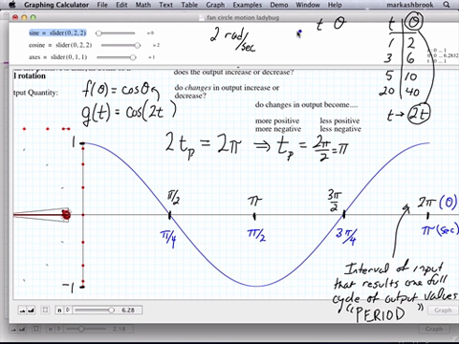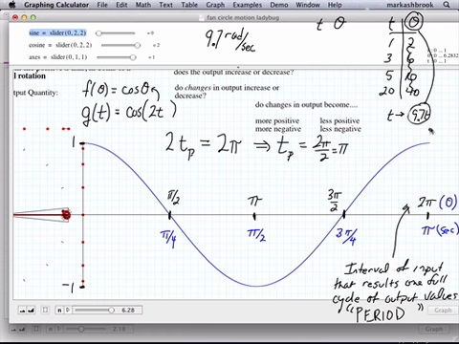Okay, so what if you had something more realistic, like 9.7 radians per second? Then what would the angle be? Yep, it'd be 9.7 t. So these would be no good anymore.